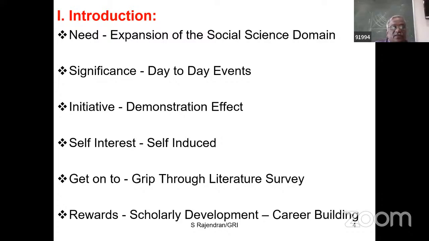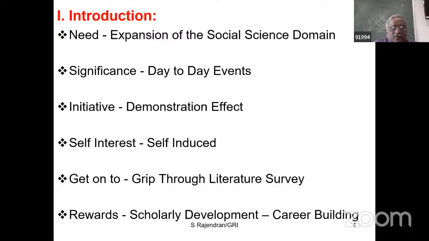And slowly but steadily, the deep thought in social science research takes some shape in the infant stage when you get a deep grip on the literature survey.